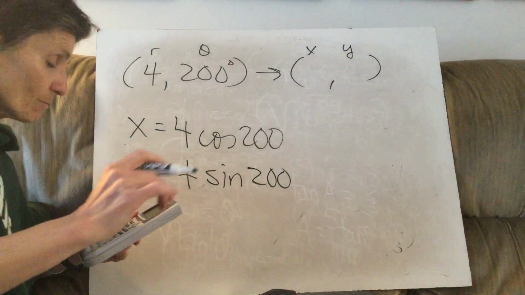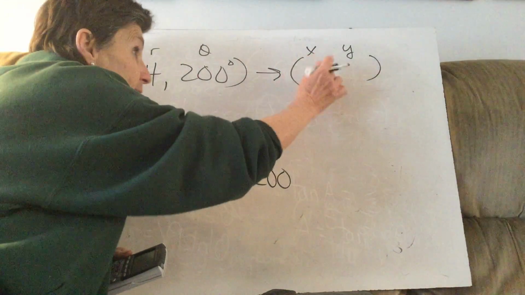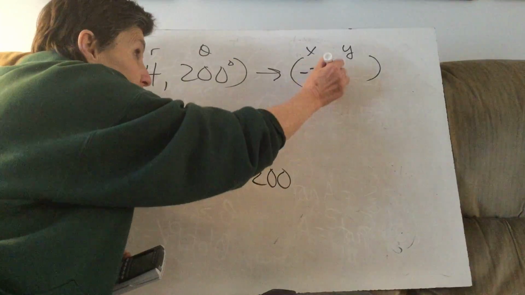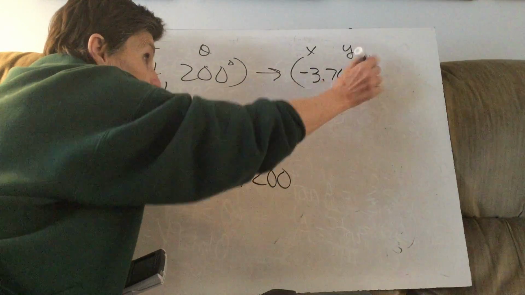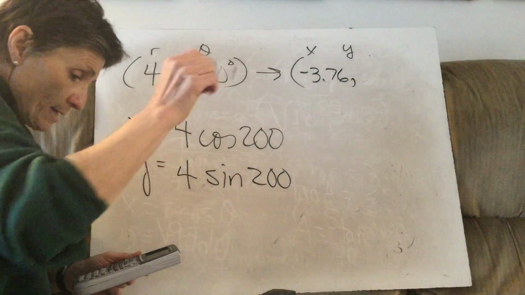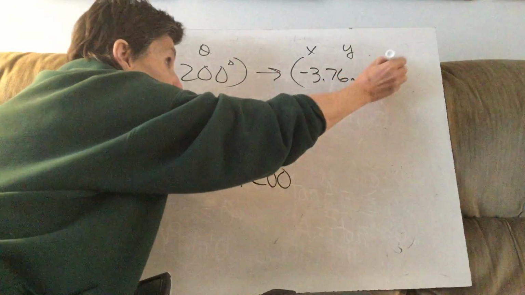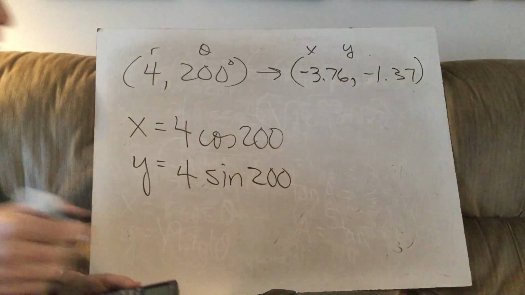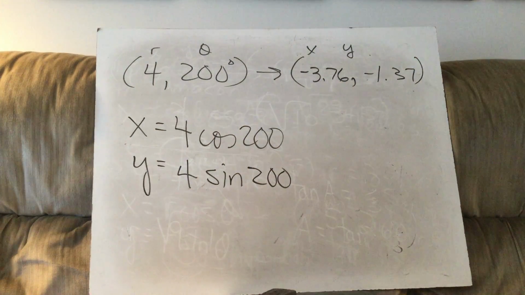I got negative 3.76 and negative 1.37 as my x and my y.